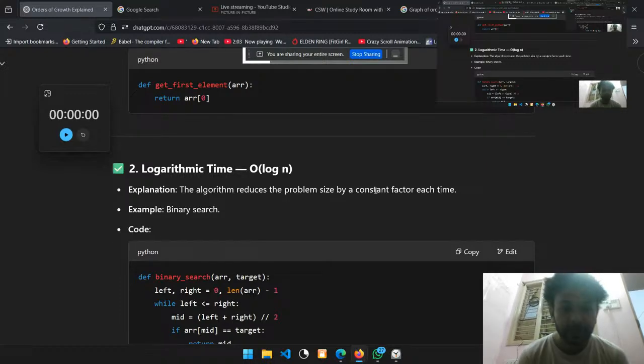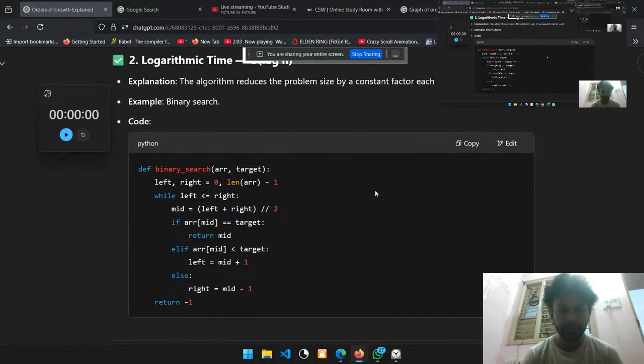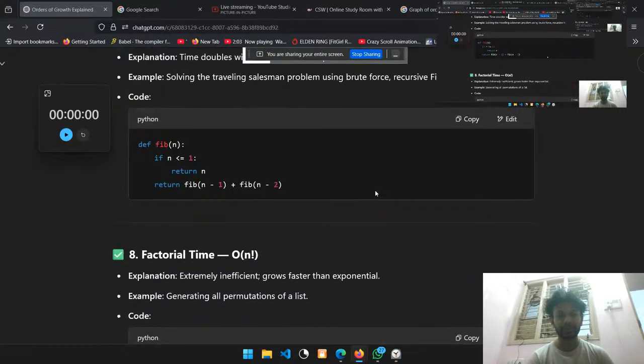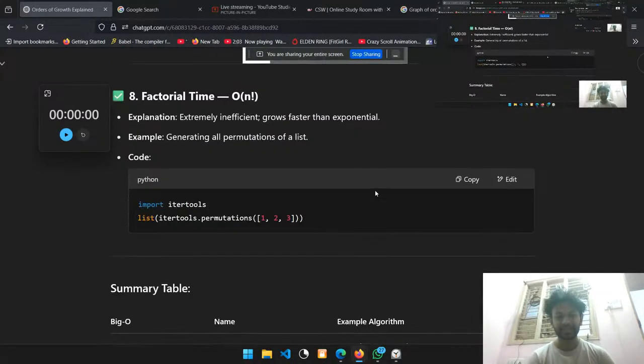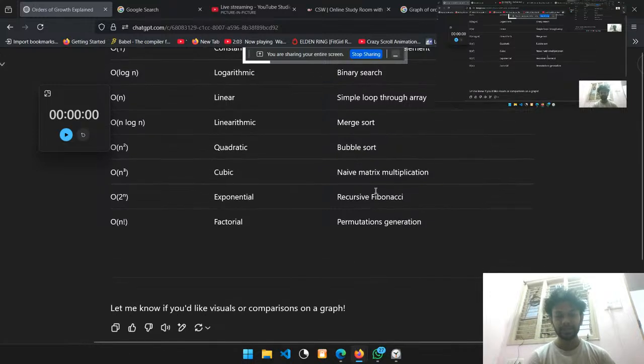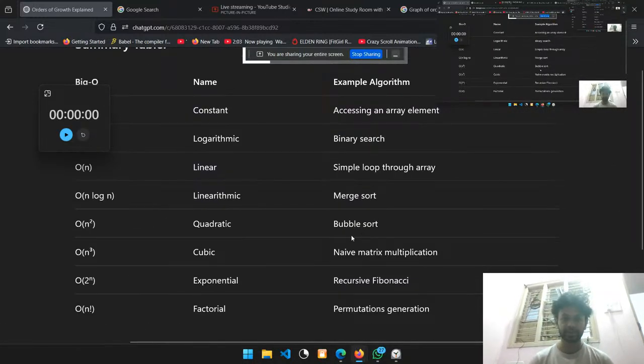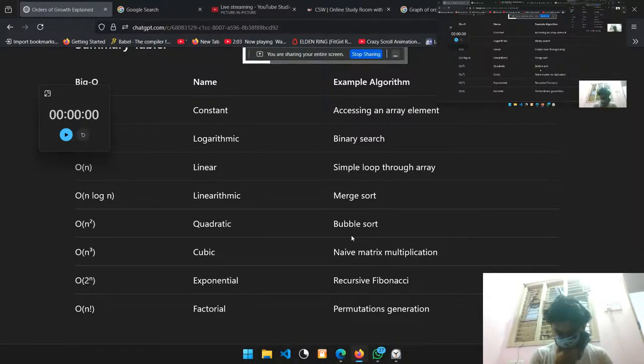Logarithmic time, then okay, all of this. Right now I don't want to read factorial time. I just wanted to see bubble sort. It has quadratic, n square, time complexity. Merge sort is n log n. Naive matrix multiplication is n cube. Recursive Fibonacci is 2 to the n.